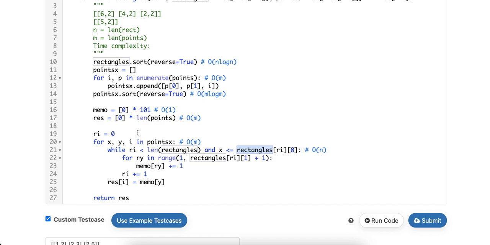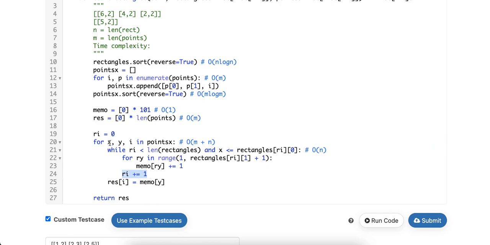But when we combine the loop, this doesn't mean m times n. This is actually just m points plus n. Why plus? Because we carry forward the ri.